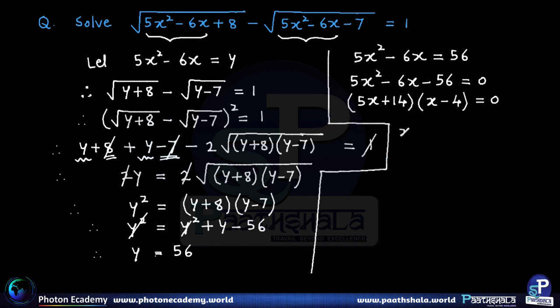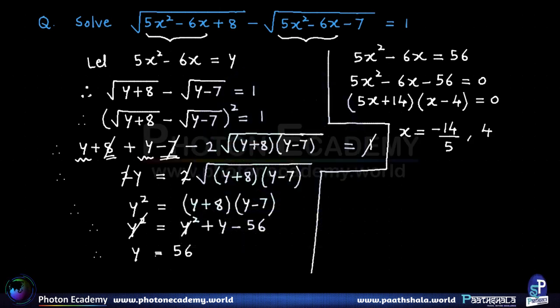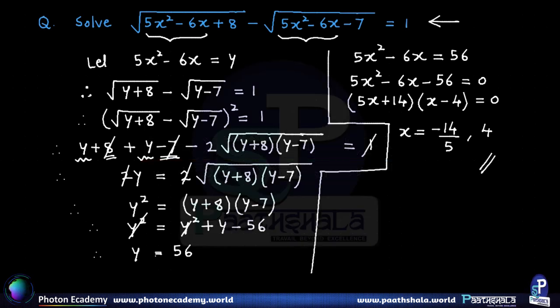That gives us the two roots: the first root is x equal to minus 14 upon 5, and the other root is 4. We have to of course verify that these two roots satisfy the original given equation. Since both of them satisfy it, that is the answer. Now let's move ahead to the next question.